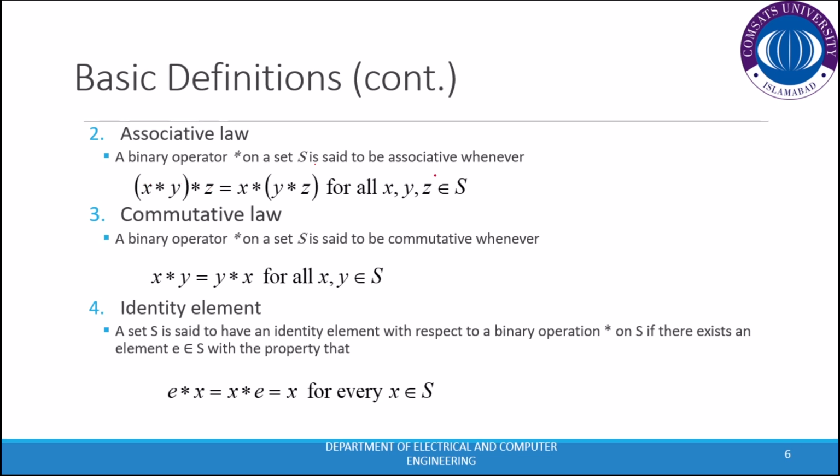So if, for example, x star y is A, then A star z. First we have two elements x and y. We perform the binary operator star on them and get a result A. Then we apply the same binary operator between A and z, and we get a result.